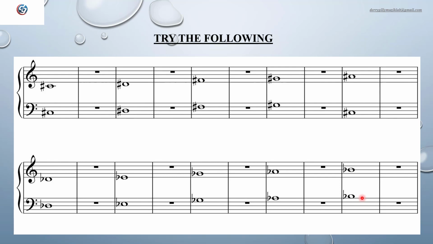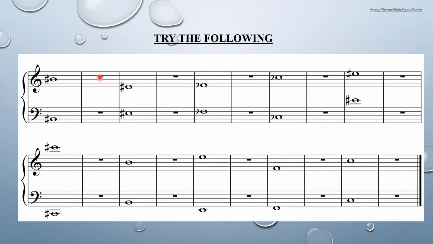After that, you can try playing them on the piano. If they do not sound the same, then it means that there might be a problem in your answers. So C sharp, for instance, should sound the same as your enharmonic equivalent, which will be a D flat.